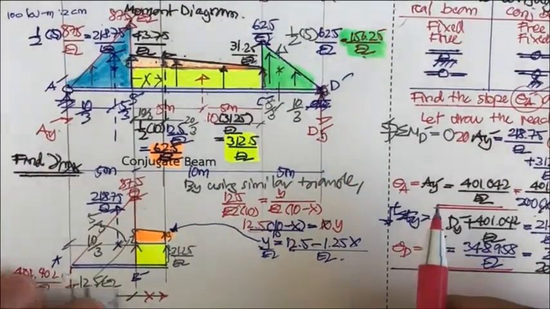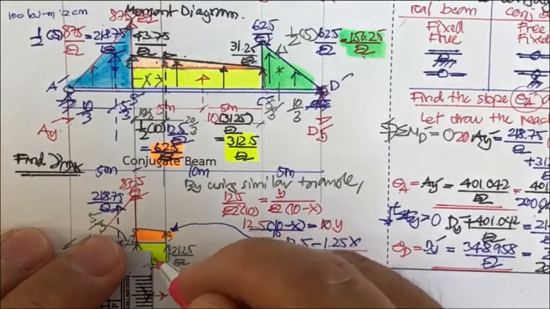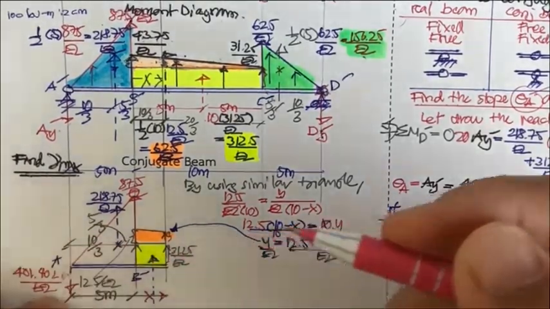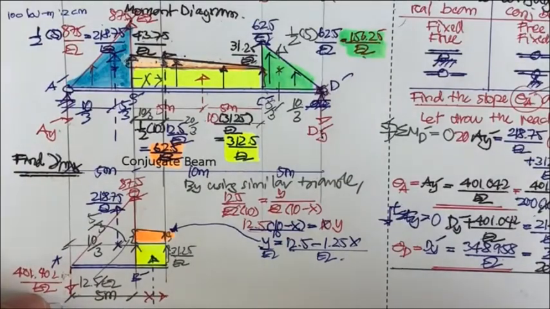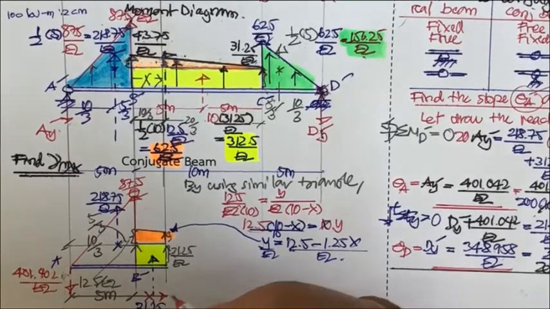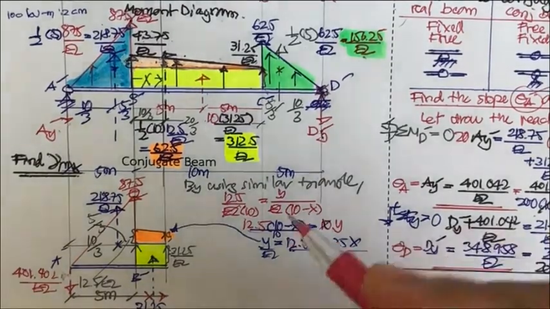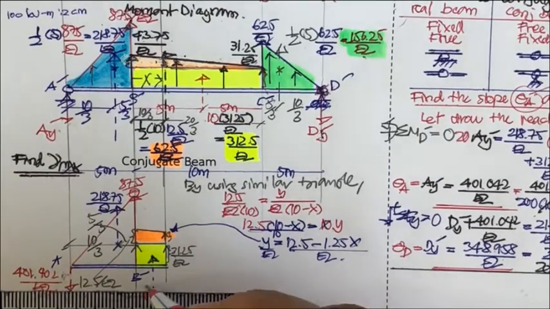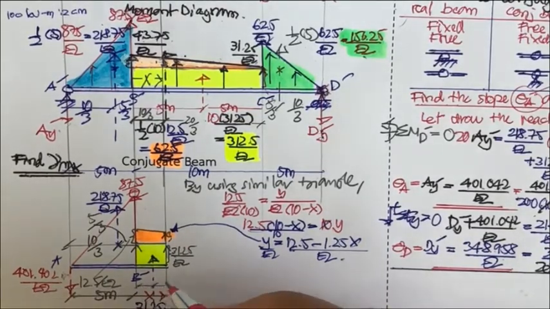For this one, it's going to be really easy. This one is going to be height 31.25 divided by EI, times x here, and then over here divided by half. That is going to be x over 2 and x over 2.